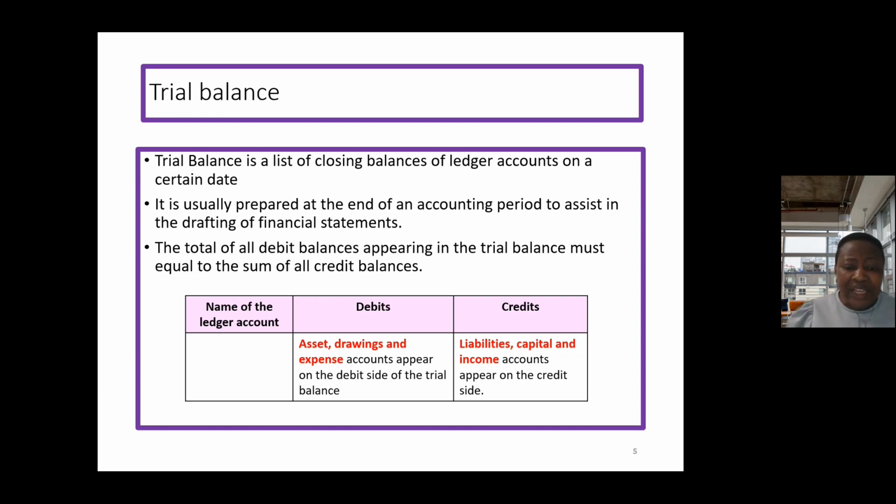Our rule is that if there's been an increase in an asset, an expense, or a drawing, we're going to be debiting those. So those would have a debit entry. And then for the others like income, liability, capital, all of those would have a credit entry. They will appear on the credit side of the account.